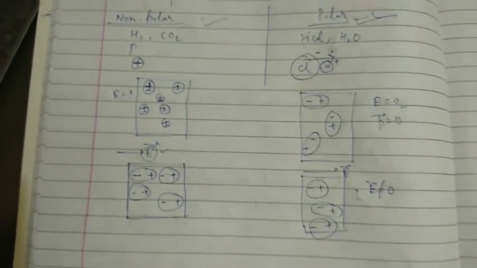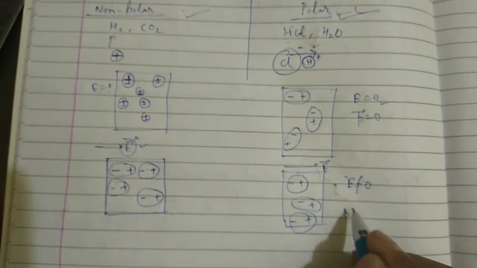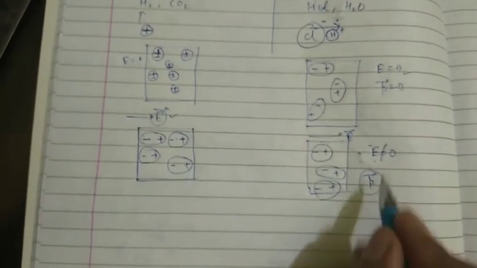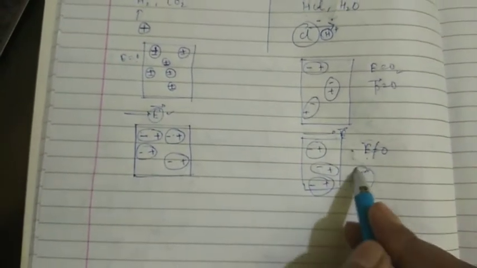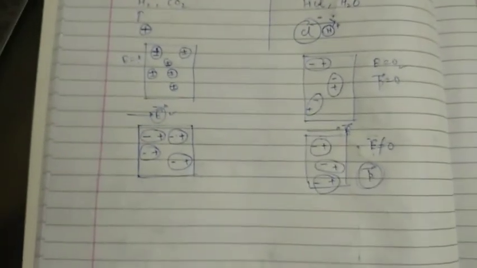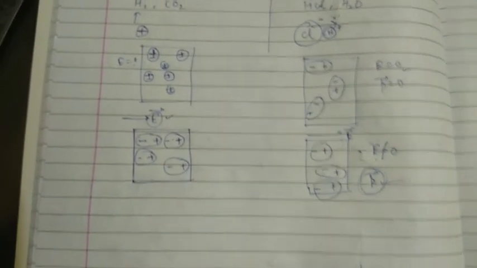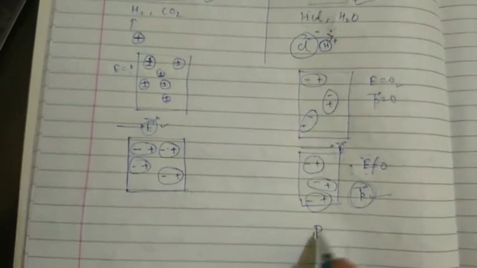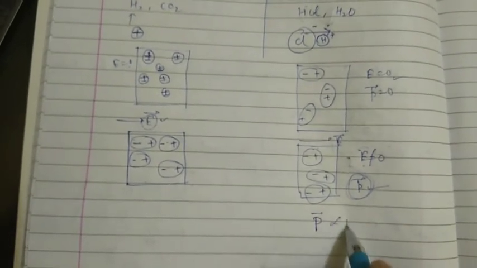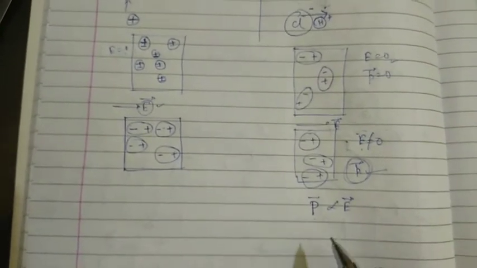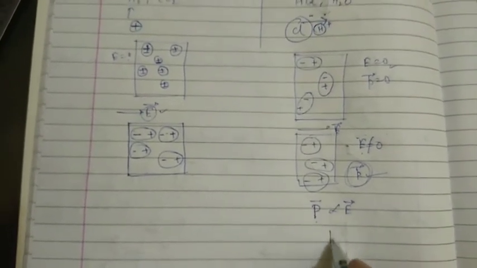So now there will be a non-zero dipole moment, and since P is directly proportional to E, the greater the electric field, the more polarization. The polarization is denoted as capital P, which is proportional to E, and this is the dipole moment developed per unit volume.